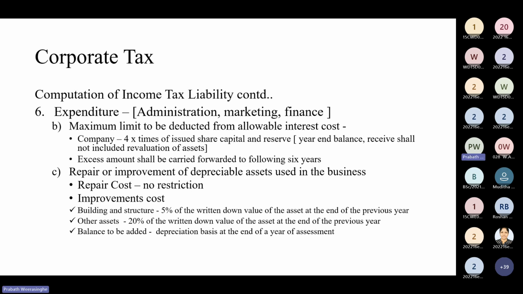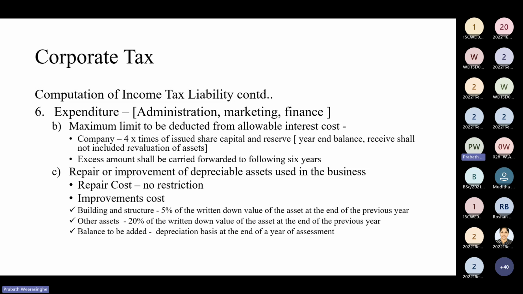So the next important point is repair and improvement cost of a depreciable asset used in the business. Remember that the depreciable asset should be used in the business. If it is the case, repair cost we can deduct. There is no restriction on that, right? Without any limitation, we can deduct repair cost.